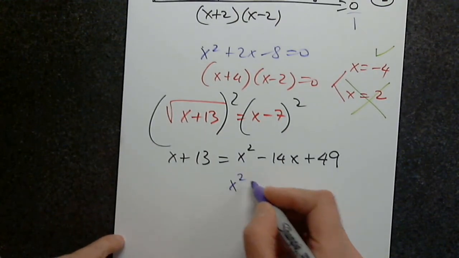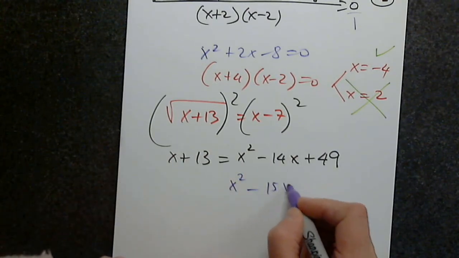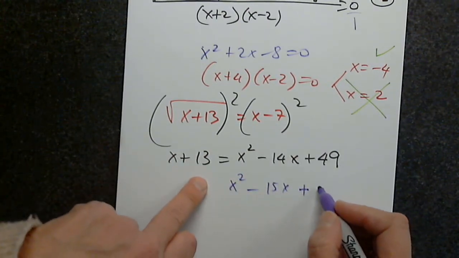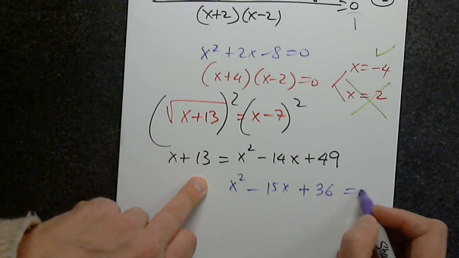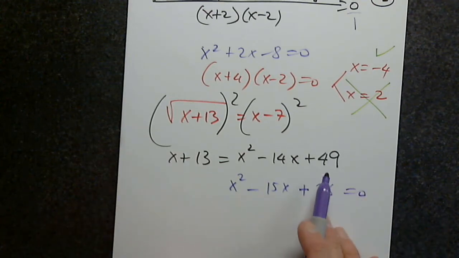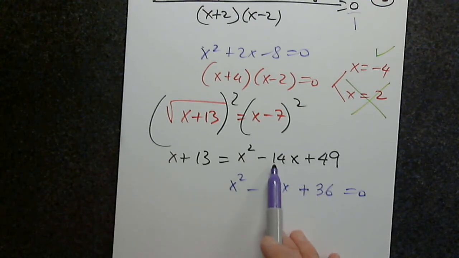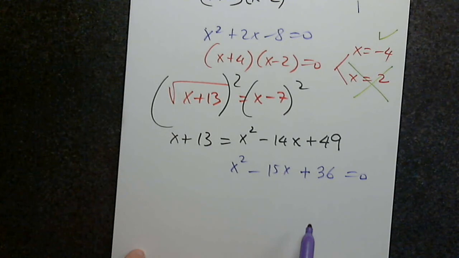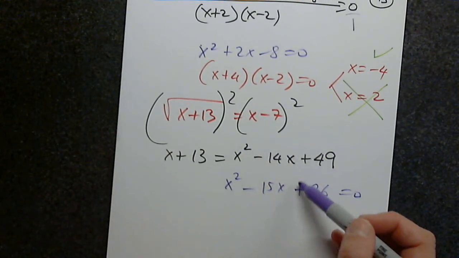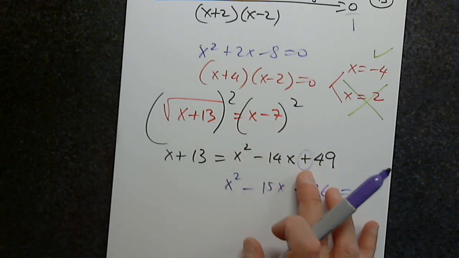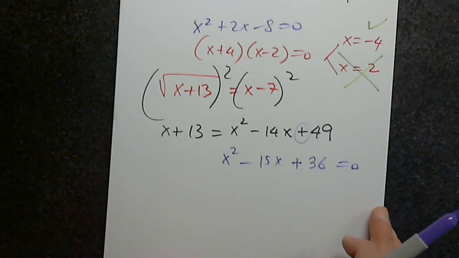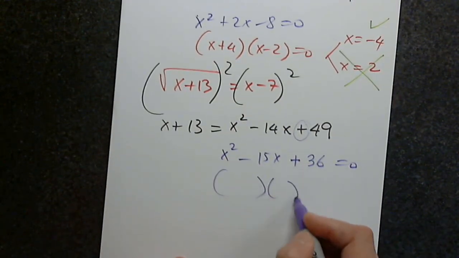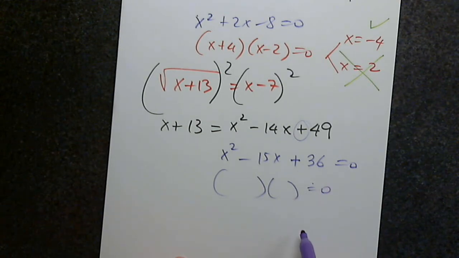So this is x squared and then minus 15x and then plus, I think it's 36. Yes, 49 minus 13. And a negative 14 minus... I'm sorry, I copied negative 49. That's okay. Remember, in a binomial, when you square it, this term can only be positive. So now we're going to try and factor.